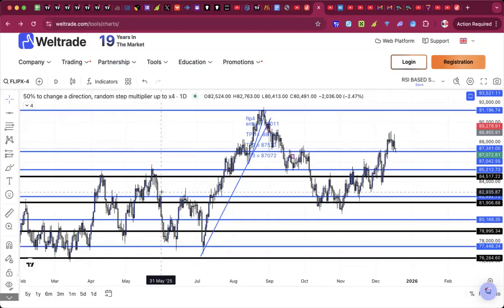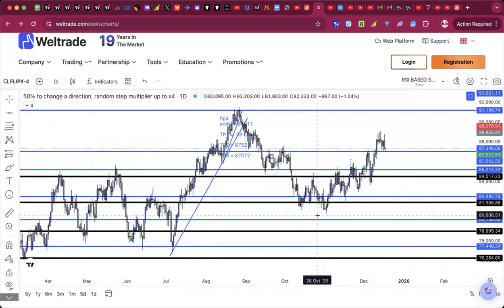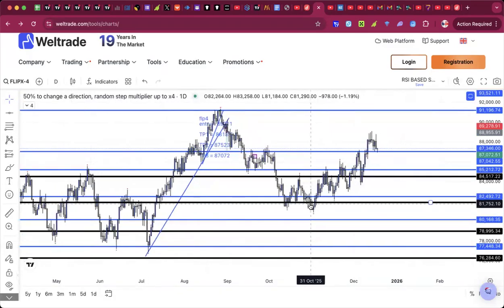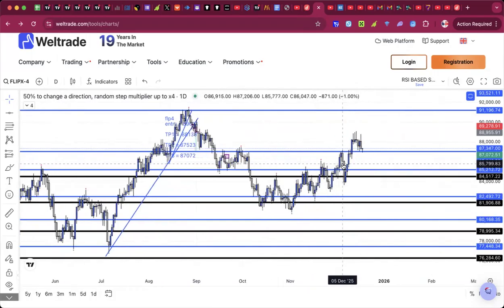Yeah, it is really moving up as much as possible with nice structure. Okay, nice structure.